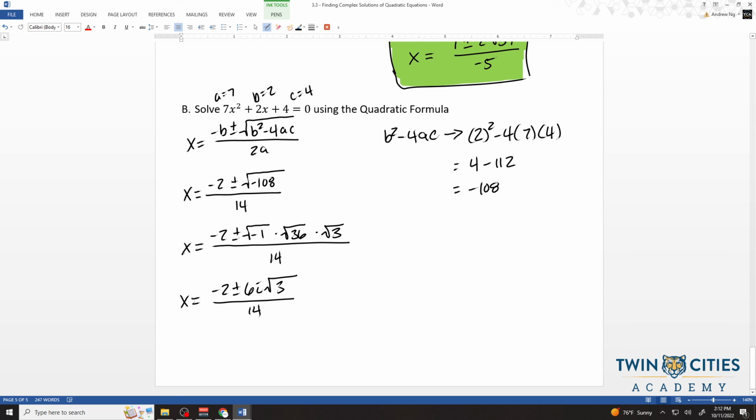This 2, 6, 14, these are all even numbers. So I can go one step more and say x equals negative 1 plus or minus 3i square root of 3 over 7. And those are my two non-real solutions.